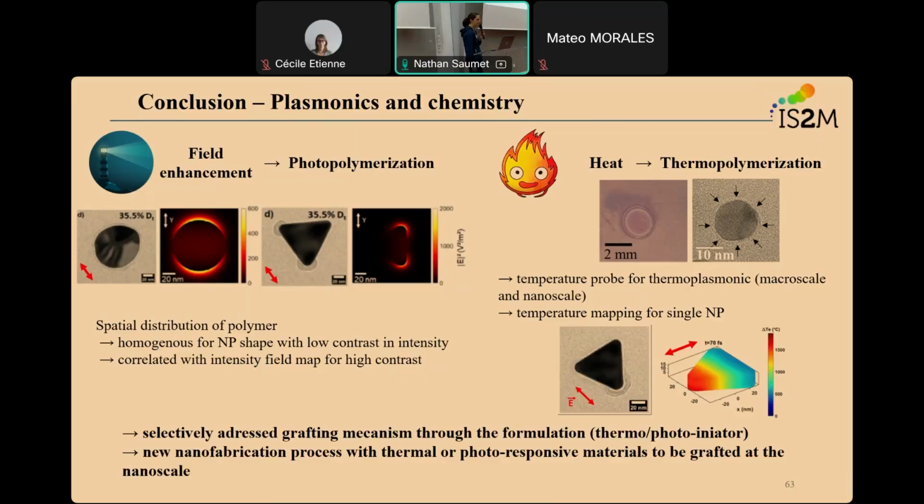So clearly, with these two chemistries, we can address selectively one or the other mechanism. Here we want to map the field enhancement, and here we want to map the temperature. So it will lead to new fabrication processes with thermal or photoresponsive materials that can be grafted at the nanoscale.